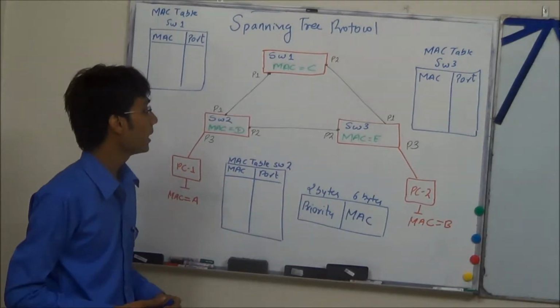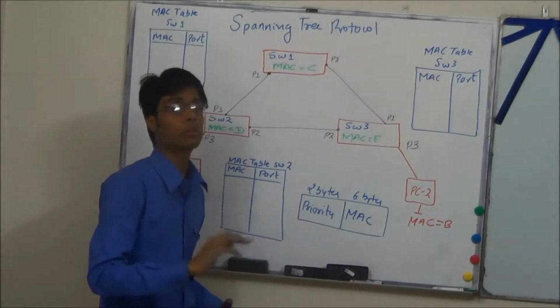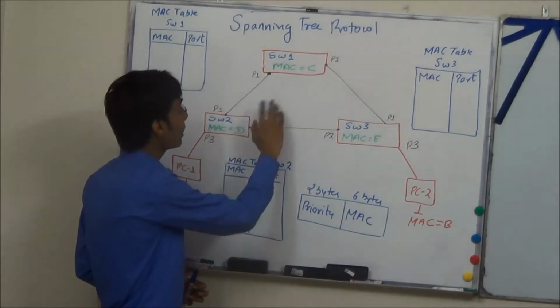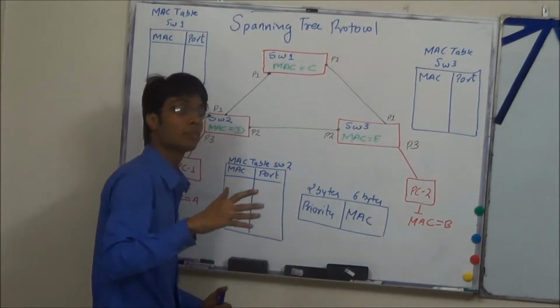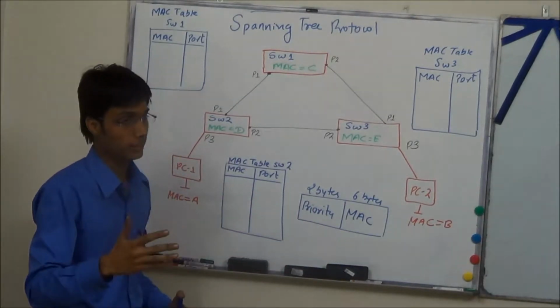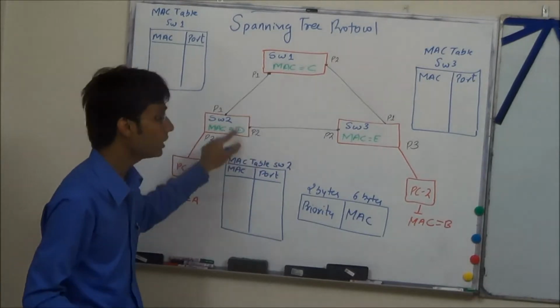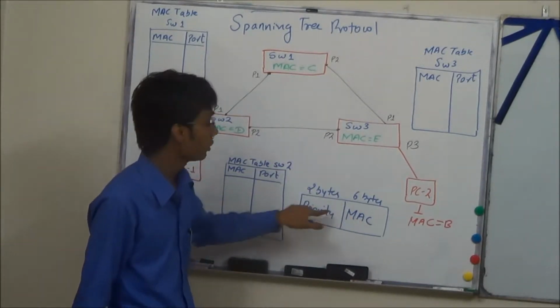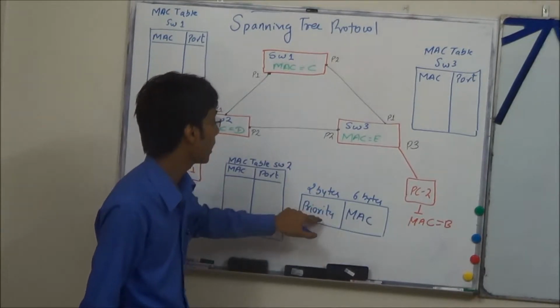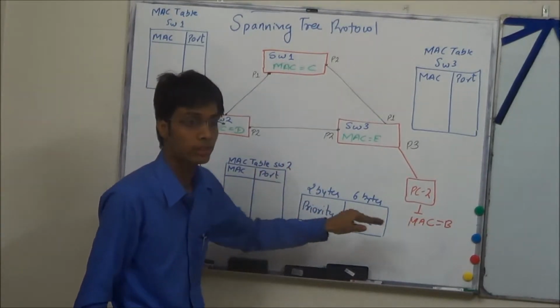The better bridge ID is the one with the lowest priority. But if the default priority is set as 32768 on every switch, we then use the lowest MAC address. So the lowest MAC address comes into action when the priority of every switch is 32768.